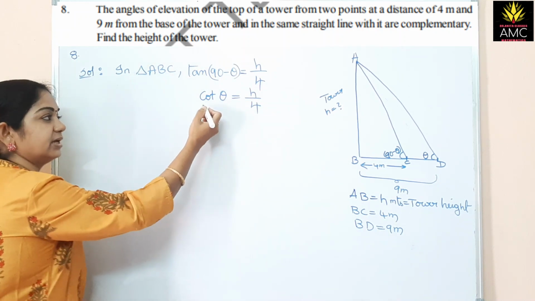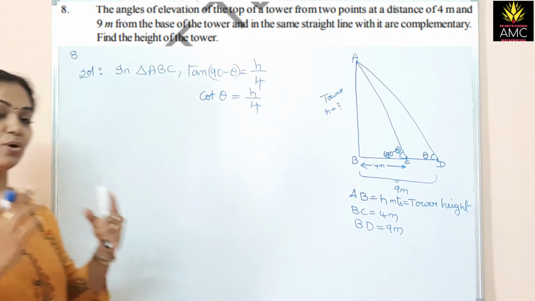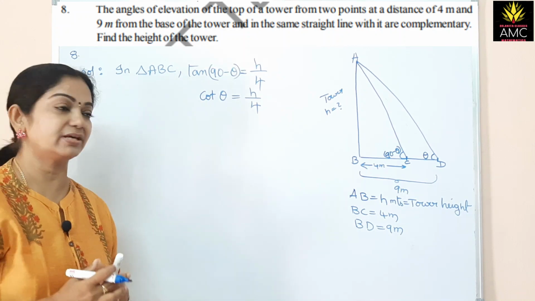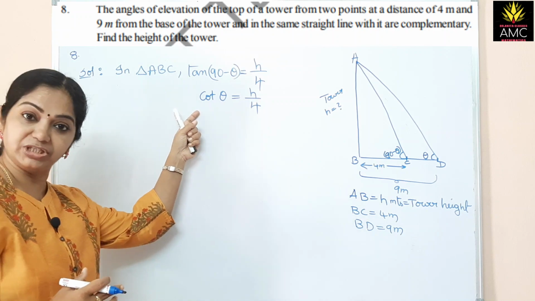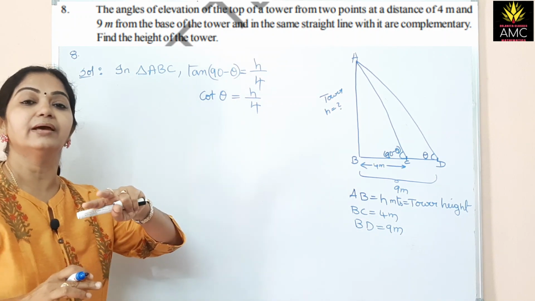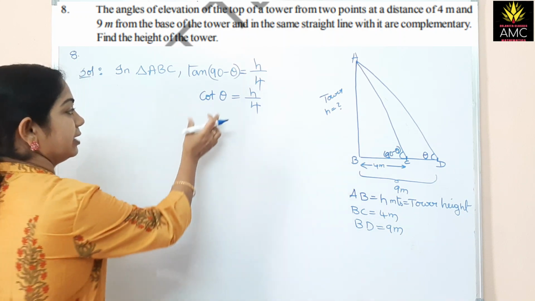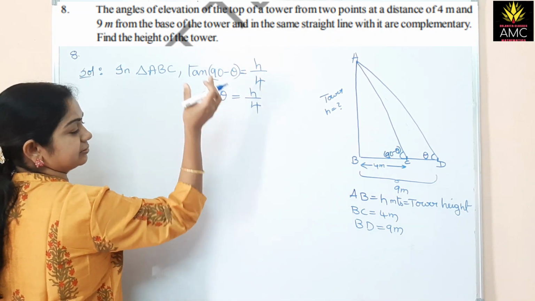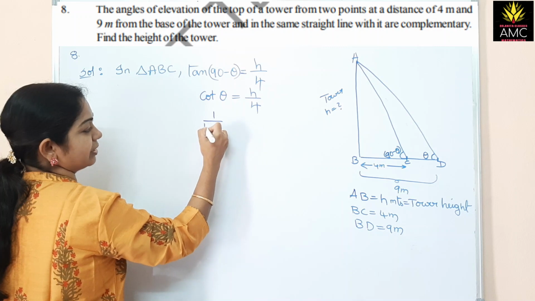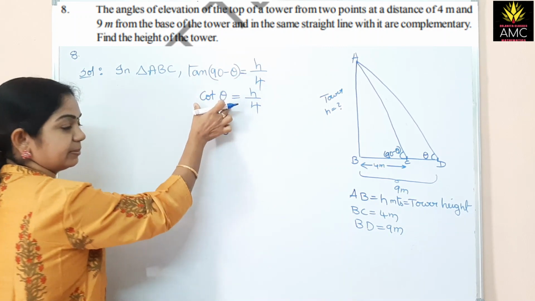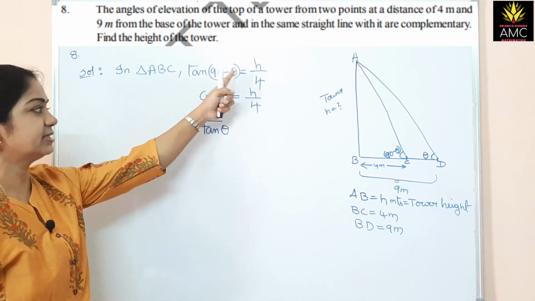Cot theta again: tan and cot are special trigonometric ratios where they are complementary to each other as well as reciprocals of each other, multiplicative inverses. So cot is the multiplicative inverse, 1 by tan theta. First I wrote, for the complementary angle, tan 90 minus theta is cot theta.